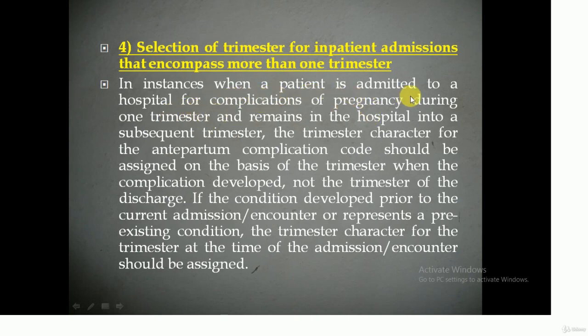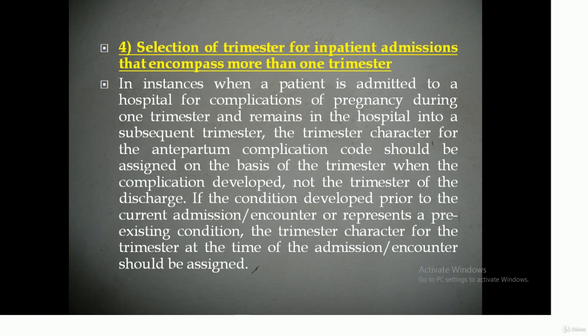When a patient is admitted for a complication of pregnancy during one trimester and remains in the hospital, subsequently entering the next trimester, the trimester character should be assigned based on the trimester when the complication developed, not on the discharge trimester.